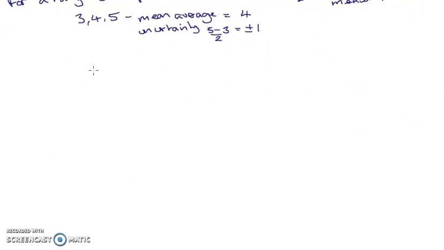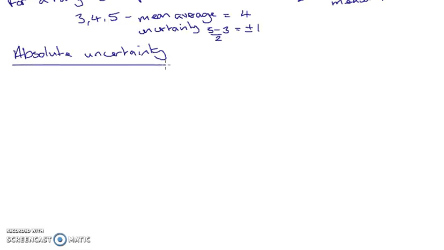The next thing I'd like to talk about is getting into proper names for uncertainty. So the first one we've got is an absolute uncertainty. And you know you've got an absolute uncertainty because it has the same units as the measurement.